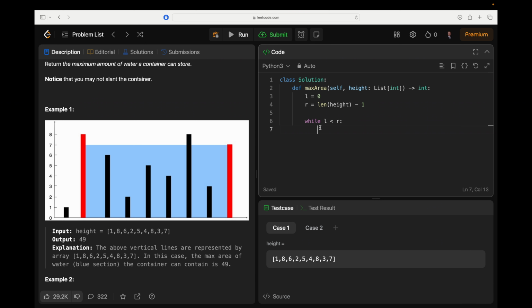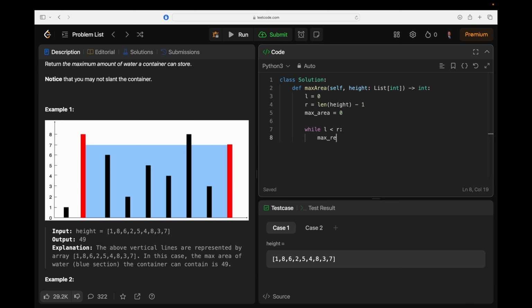And we're going to say, first we're going to do that king of the hill thing. Max area is still equals 0. And we can really just do one line.